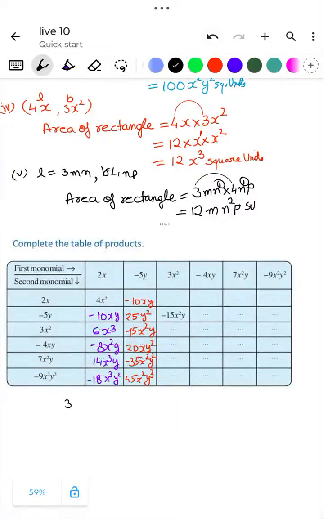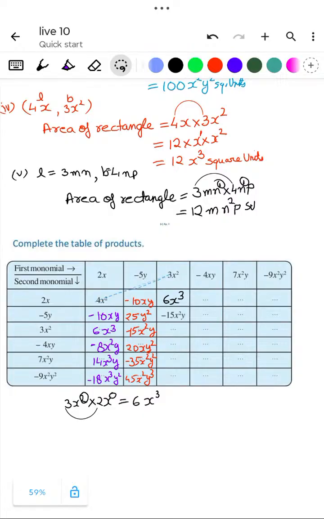So 3x square times 2x. So multiplying the digits we will get 6 and x to the power 2 plus 1 is 3. So this is 6x cube.